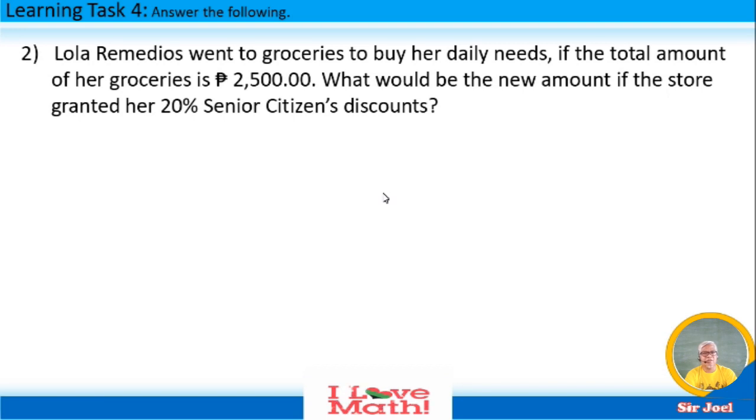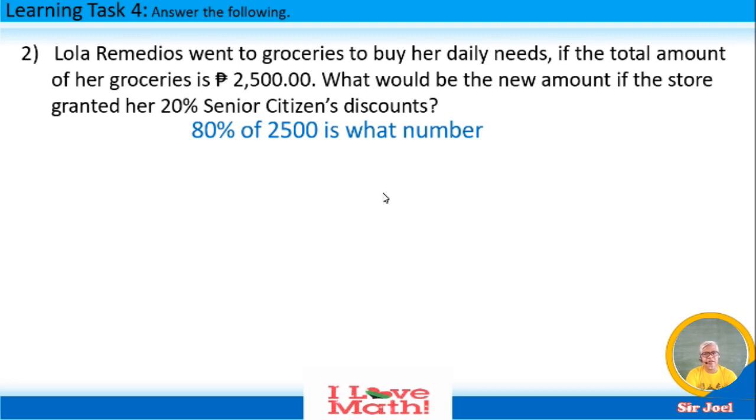So, kung merong discount na 20%, ibig sabihin, to simplify this problem, pwede na natin gawing 80% of 2,500 is what number? Saan naman galing yung 80? So, from 100%, dahil discounted ng 20%, binawas natin. Kaya ang natira na lang ay 80%. Okay?